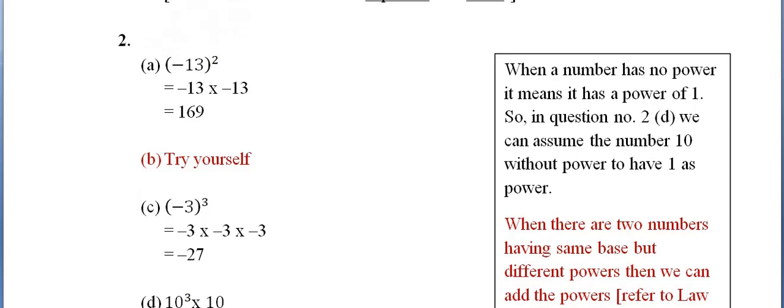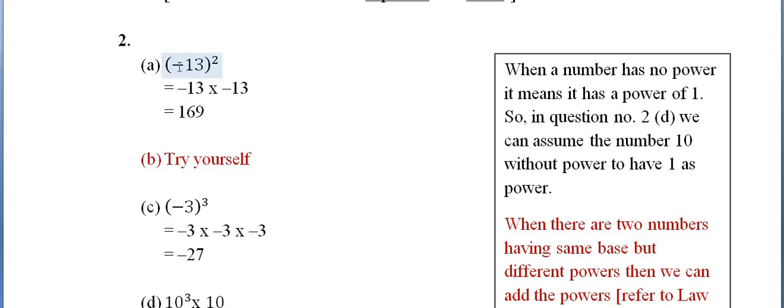Now let us move on to question number 2. Find the values of the following. It should be remembered that both base numbers and the power, or exponent or index, can be integers. They can be both positive and negative.